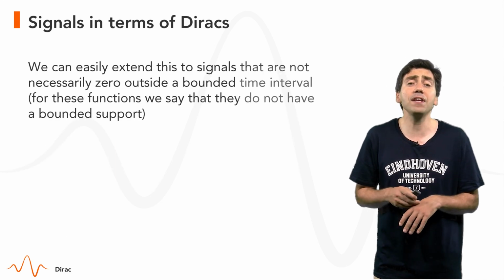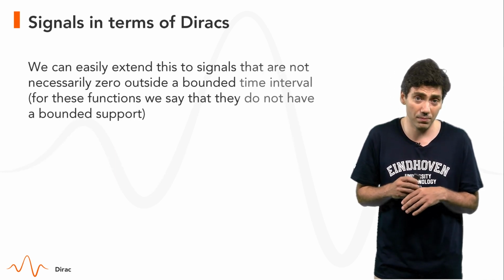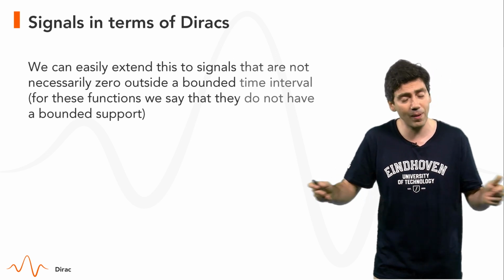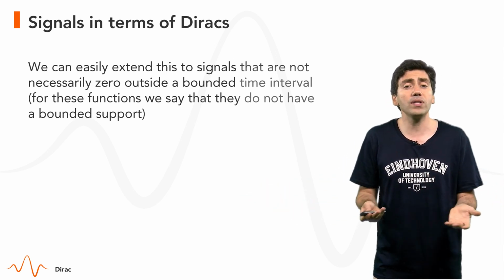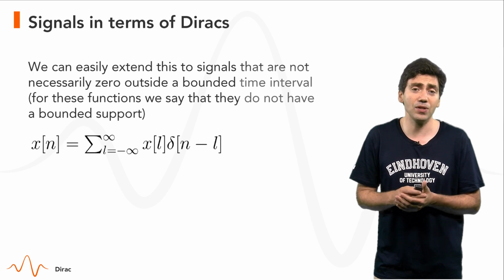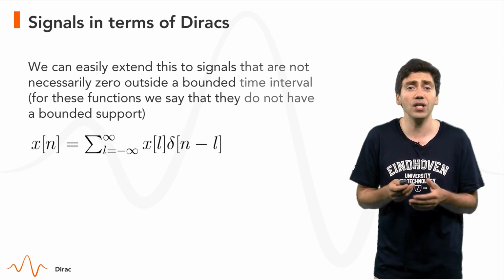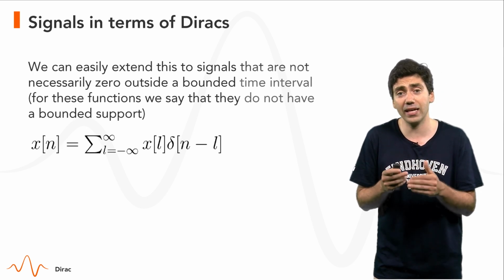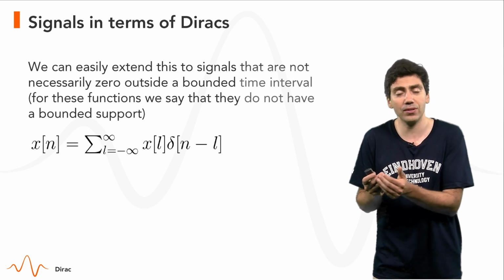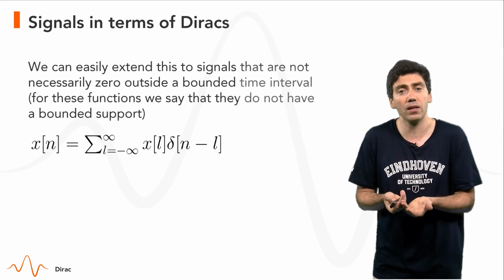And in general, even if the function is not 0 outside of a bounded interval, we can always write it as the summation from L equals minus infinity to infinity of the value of x at L times a Dirac centered at L, which is basically delta of n minus L.